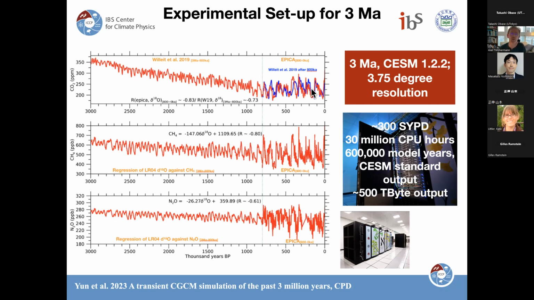Then, in order to obtain a CO2 reconstruction going back to 3 million years, we used the CLIMBER transient climate model simulation that was conducted by Matteo Willeit and Andrey Ganopolski in 2019.